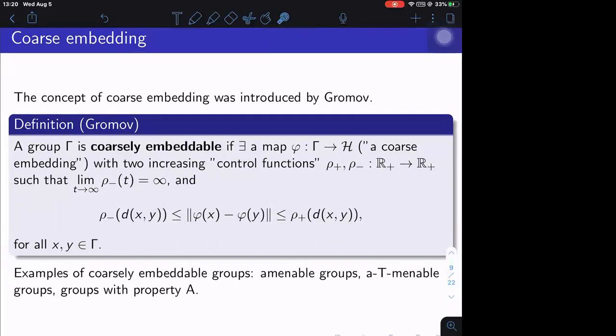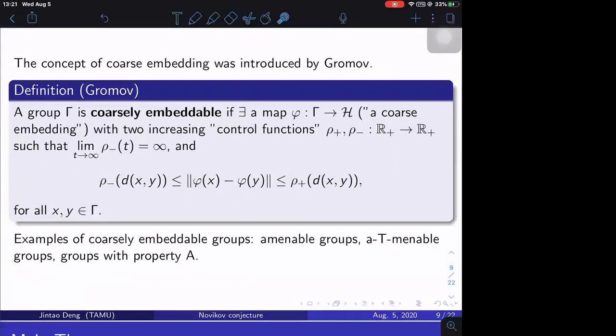If you have a group with the metric we defined before, it is called coarsely embeddable if you can find a map from the group to Hilbert space, and two increasing control functions rho plus and rho minus, with the limit of rho minus of t going to infinity as t goes to infinity, such that the distance between the images of any pair x and y is controlled by rho plus of the distance of x and y, and rho minus of the distance between x and y. So this is coarse embeddable.